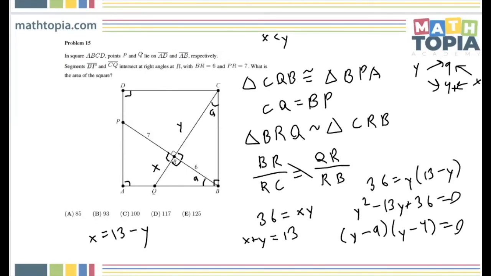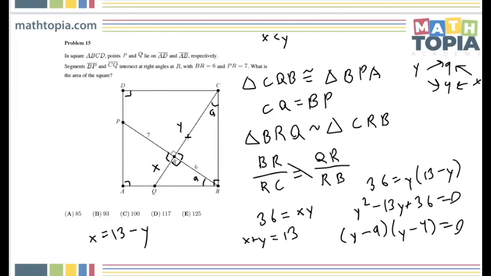But we can see from the diagram that because BP is on AD, right? That means that this segment here has to be less than this segment here, right? Because if we had it like this, right, and like this, the two segments would be equal, right? But as it becomes more and more close towards A, right, it cuts it off at a tiny ratio, right?